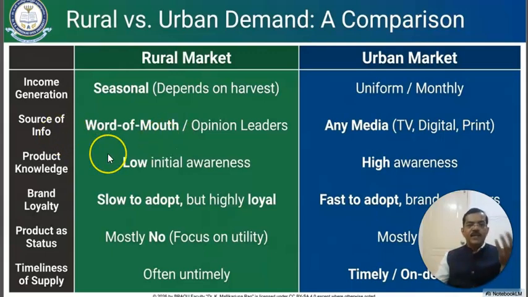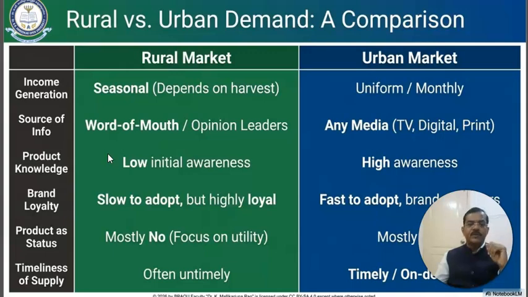As well as here the source of information for the rural market is word of mouth. But in urban markets, the information from any media like television, digital, now print, now with social media is also one of the sources for the urban as well as rural also now.